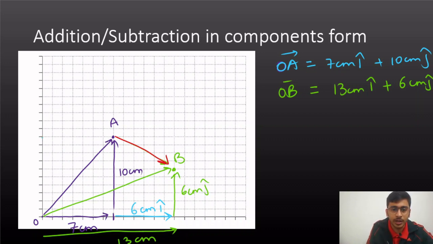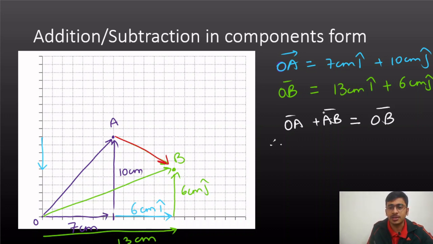We came down by 4, correct? So essentially what we are doing here is OA vector plus AB vector is equal to OB vector.